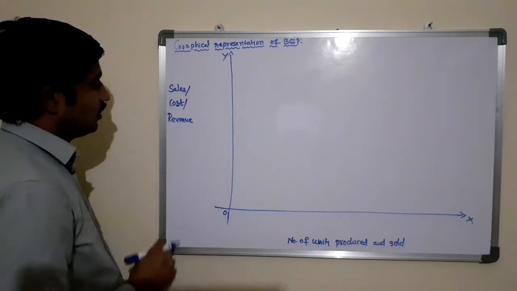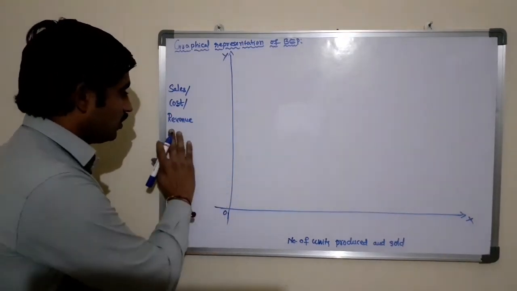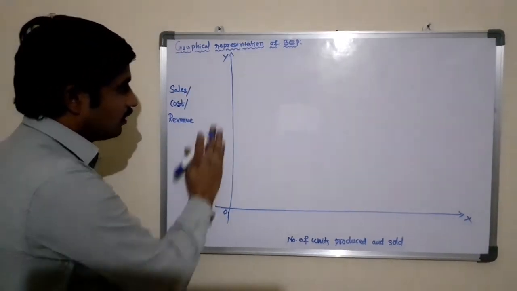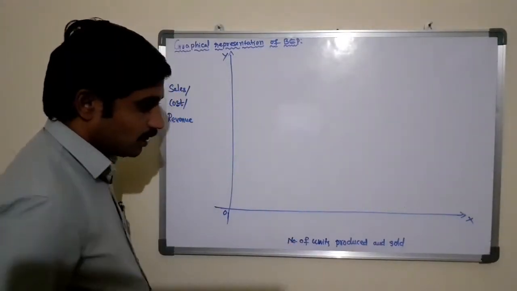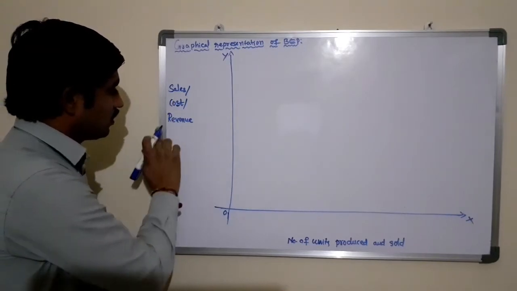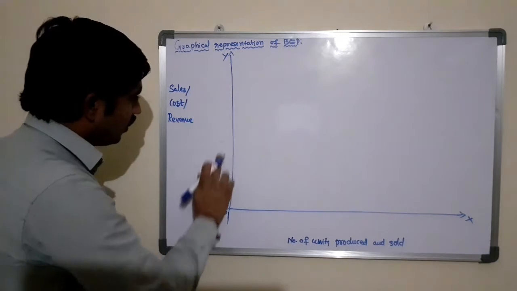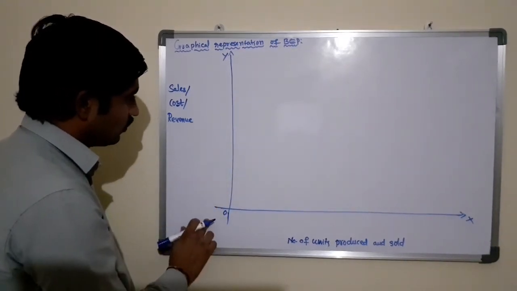So sales in terms of revenue, cost, that is both fixed cost and the variable cost, and total revenue we are taking on y-axis. So x-axis reveals the number of units produced and sold, y-axis reveals the sales, cost, revenue in terms of value or the rupees. The complete x-axis is divided into two parts.